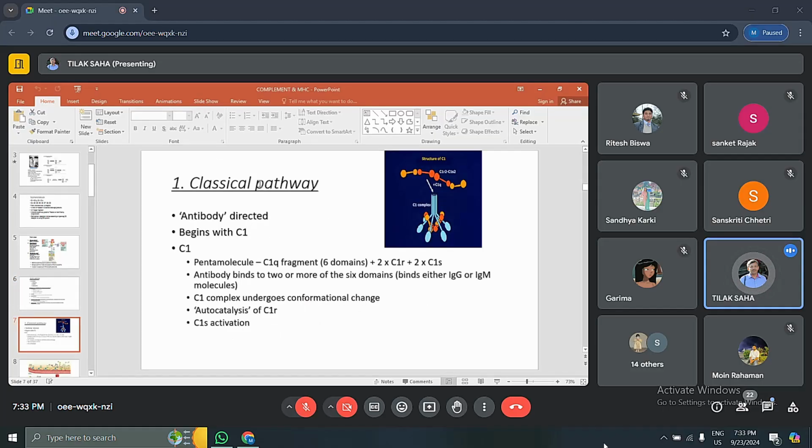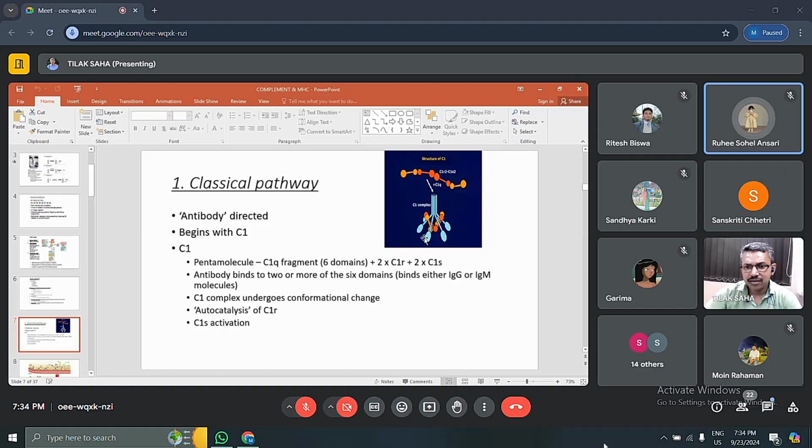Let us begin with this classical pathway. As I mentioned earlier, the C1 molecule is a pentamer, composed of two C1r molecules, two C1s molecules, and one C1q molecule. Can you see that umbrella-like thing here in the center, blue colored? Yes, sir.